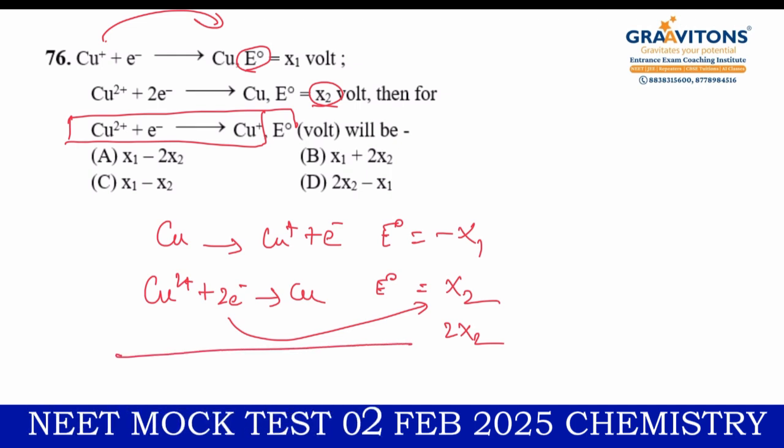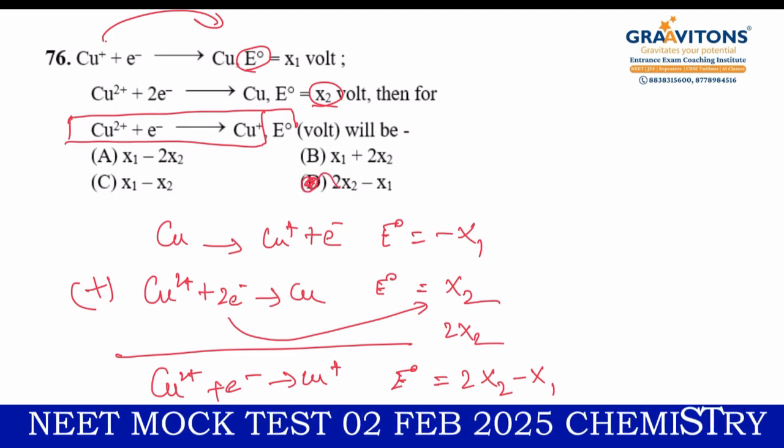Now I am getting the total overall cell reaction as Cu2 plus plus 1 electron gives you Cu plus, and they are asking E naught for this one. When I add these two, it is very clear, it is 2x2 minus x1. So E naught could be the value 2x2 minus x1, option D.